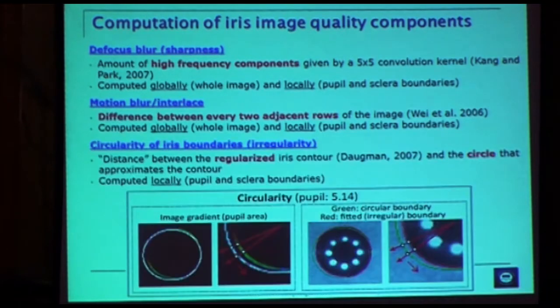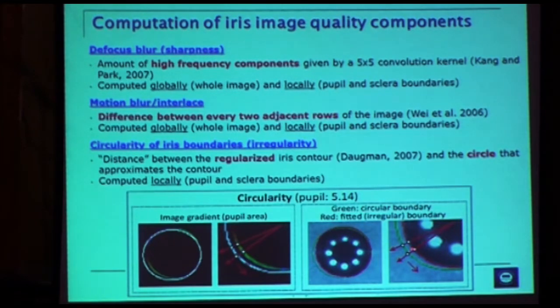For the computation of the circularity of iris boundaries, here in green is shown the detected circle of the boundary, and we regularize the iris contour, so we detect in red the true boundary, and we compute the distance between the detected and the regularized contour.